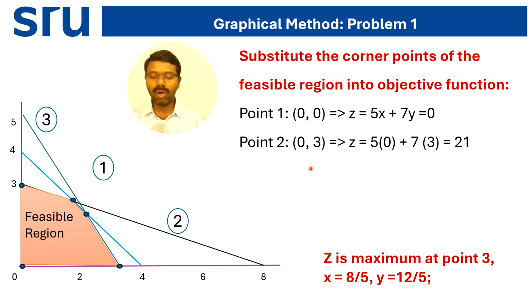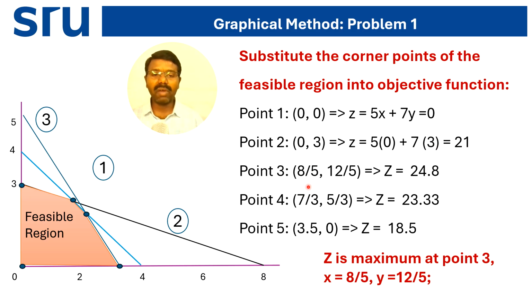Then the point 3 is 8 by 5 comma 12 by 5. If you substitute these two values in place of x and y, you will get the z value as 24.8. And point 4, if you substitute, the z value will come 23.33. And point 5, if you substitute, the z value will come as 18.5.